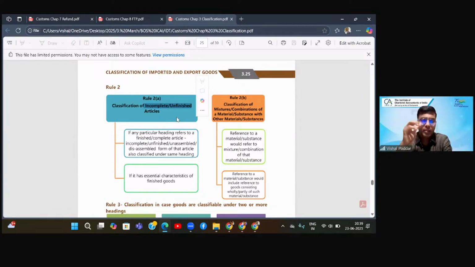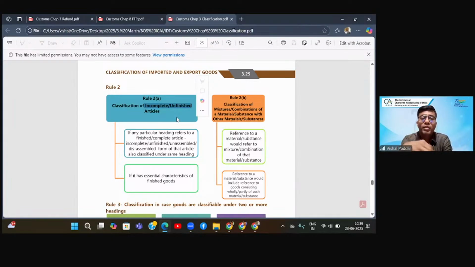You can ride the cycle there itself to your home. However, when the manufacturer sends it, or when an importer imports it from outside, these things are sent in unassembled form, which is called incomplete or unfinished. A cycle is the smallest example. This applies to the majority of machinery parts and vehicles.